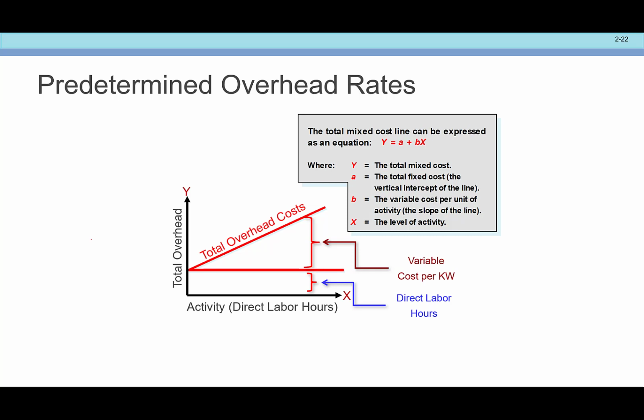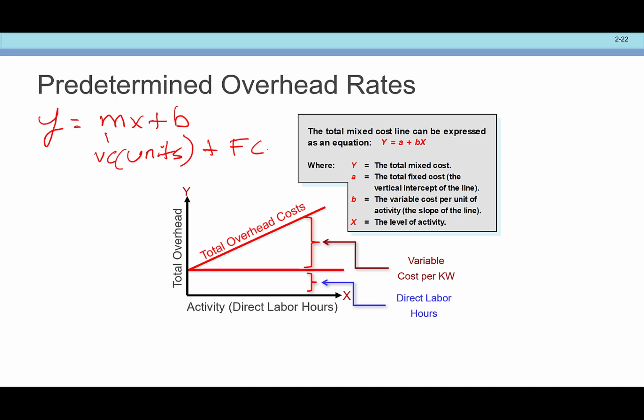If we have fixed and mixed components, then we can express our manufacturing overhead as this equation, y equals mx plus b, where x is the number of units, m is the variable cost, which will vary by the number of units, and b is the fixed cost, right?